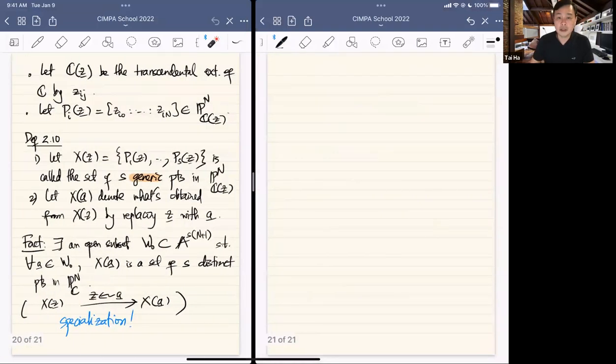So how does it help us in understanding what is meant by generic or general or very general set of points? So these are the definitions. In fact, it's a result proved by Fowley, Montero, and C, that if you look at this process, you can define very general and general sets of points in the same way as if you were looking at the Hilbert scheme or the Chow variety.